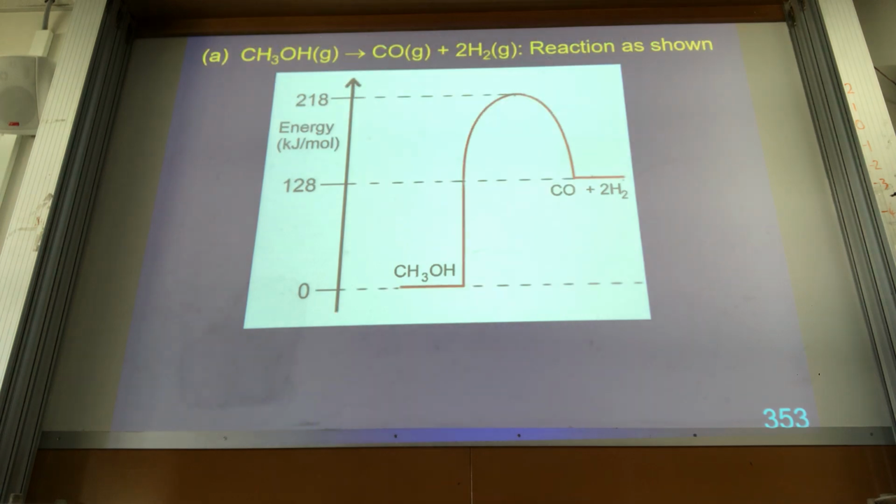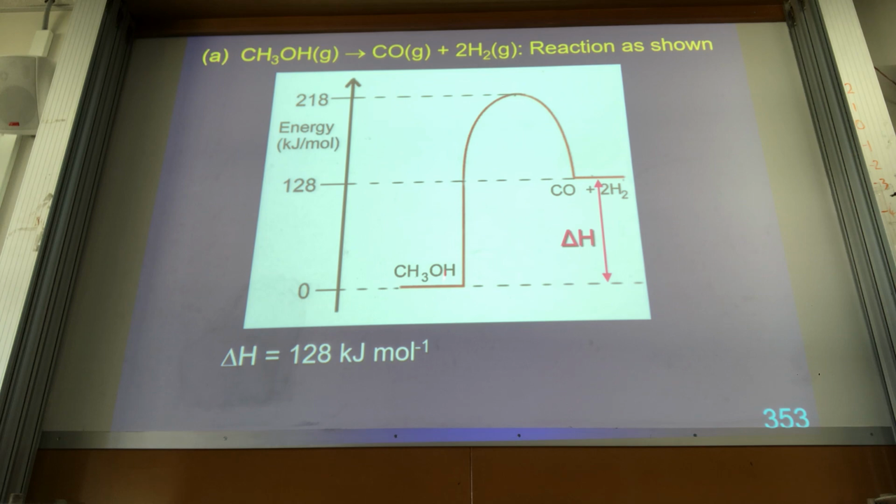So first of all, A, the reaction as shown, and what do we see? What's delta H? Delta H is final minus initial. Now we see this is an endothermic reaction here because the products are above the level of the reactants. So delta H is going to be positive, and 128 minus 0, it's going to be 128 kilojoules per mole.